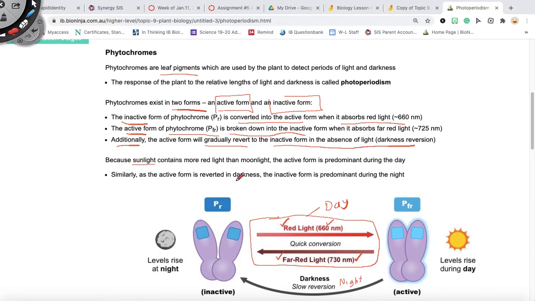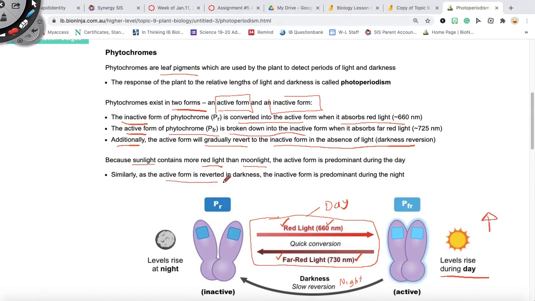When the sun is out, sunlight contains more red light than moonlight. So when the sun is out, the levels of PFR are going to rise. During the day, or long days, you're going to see an abundance of PFR, the active form of this pigment.